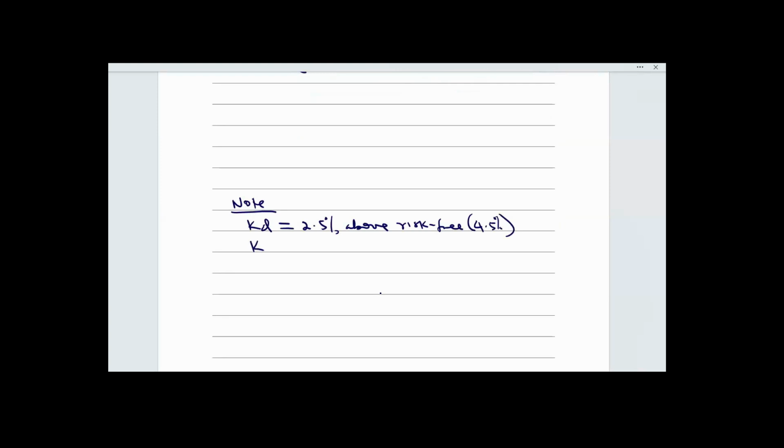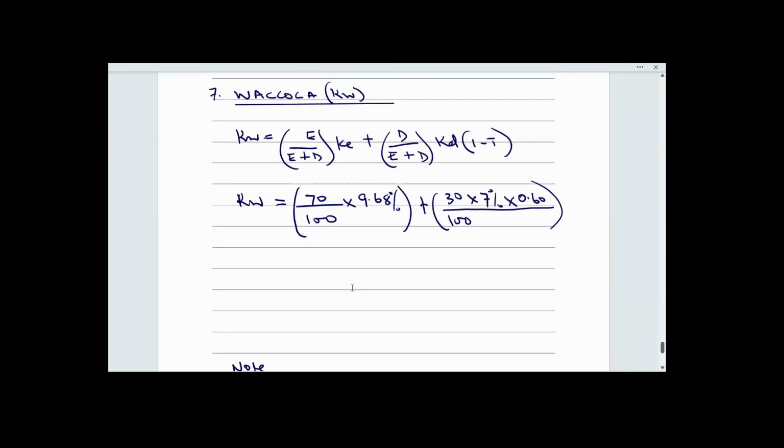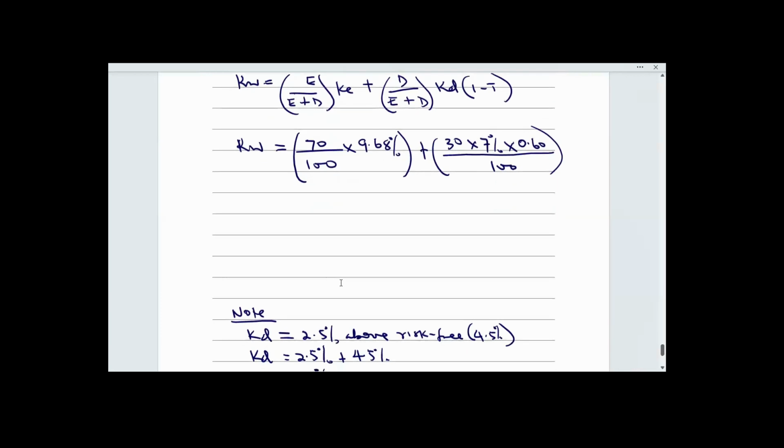Therefore, KD equal to 2.5% plus 4.5%, and we got 7%. So that's how we arrive at the 7. In case you're on your own, you remember how we got the number. So let's take it from the left.